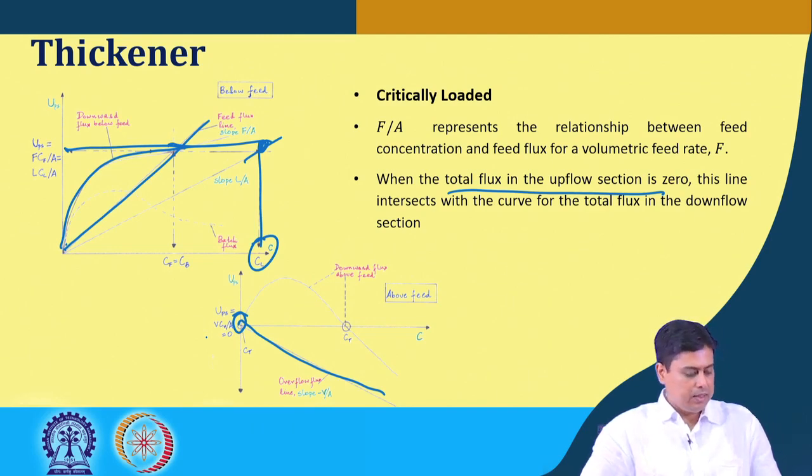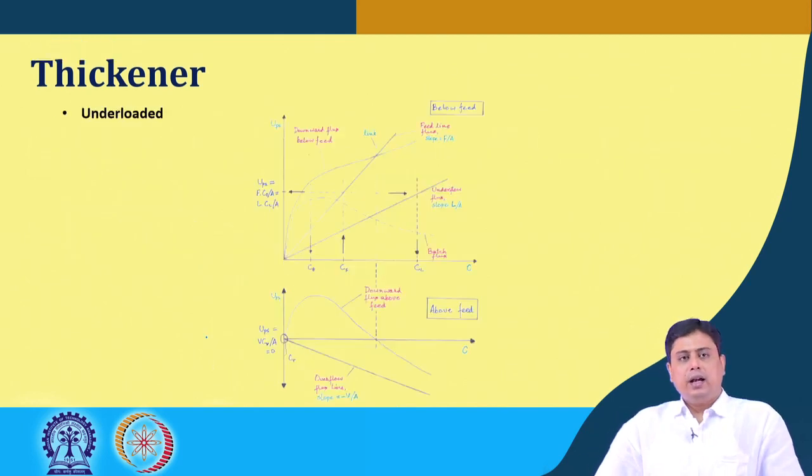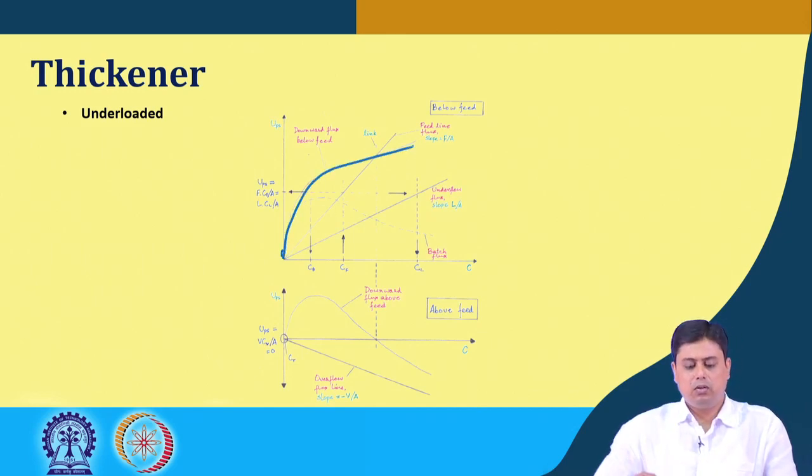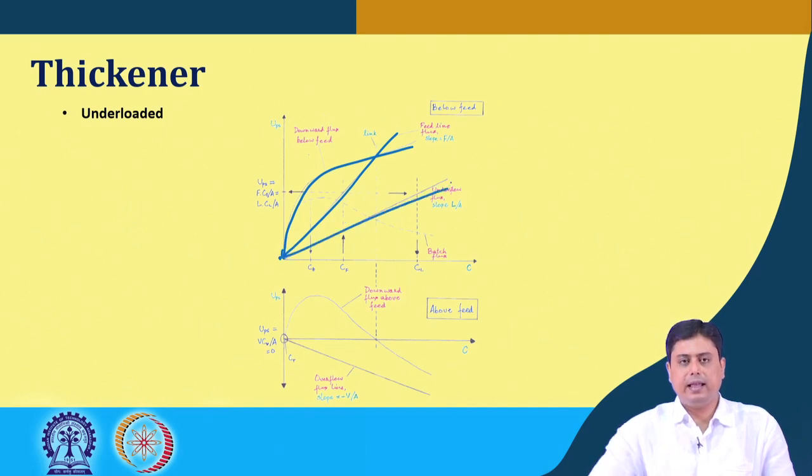So what would happen in the underloaded condition? This is our downward flask below the feed. This is the F by A line, this is the L by A line.